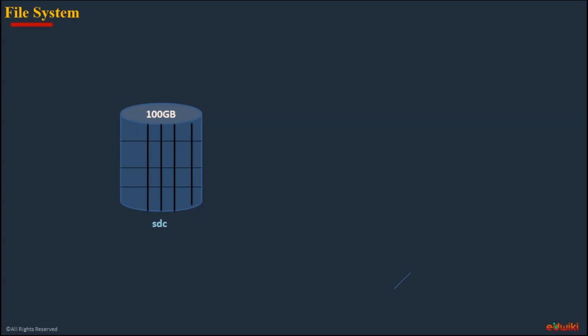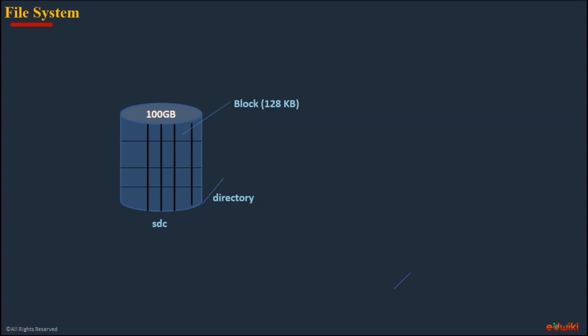In the backend, yes, the volume is there to store the data, but from the user perspective, you always use a directory to start storing the data. So you pick any one directory where you want to store the data. That directory has to be associated to this particular volume.